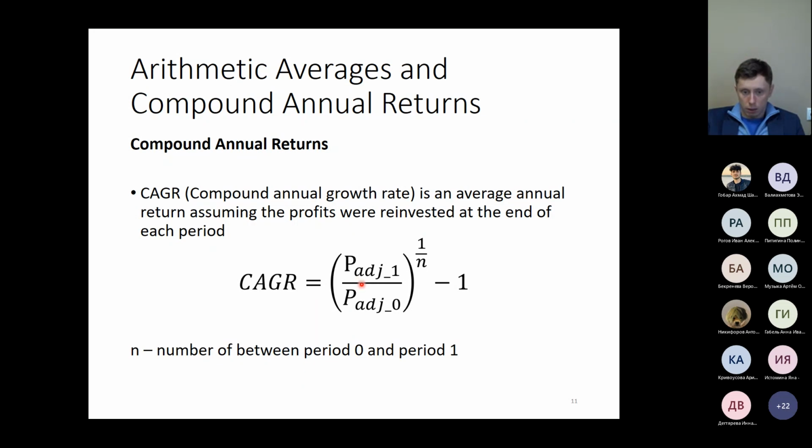If the time interval here is less than 1, then n can also be less than 1, and then we will increase this amount by this multiplication. So the purpose here is to convert these results to annual terms.